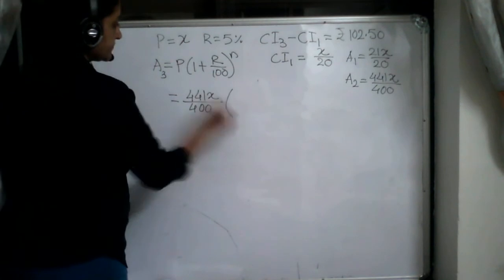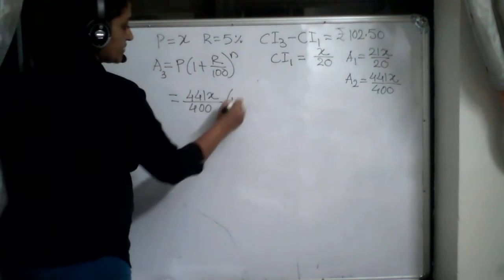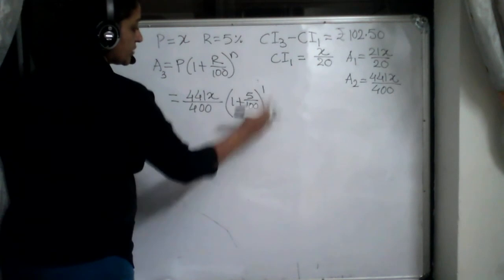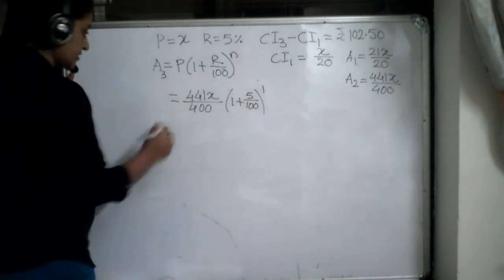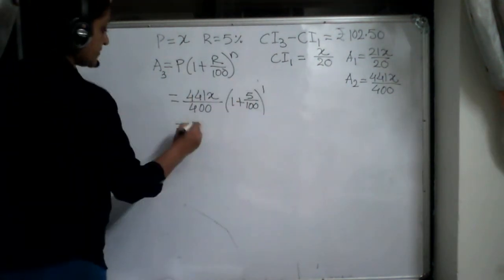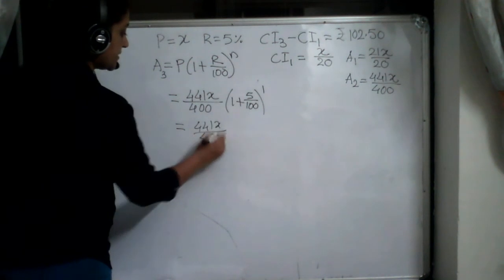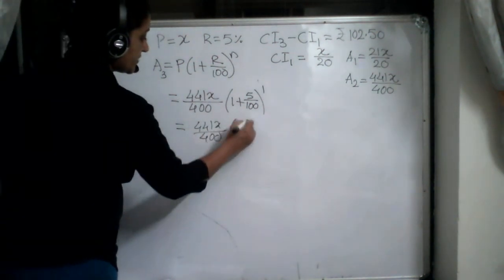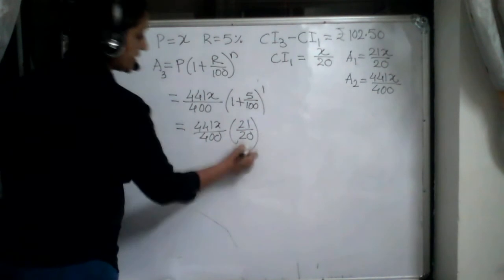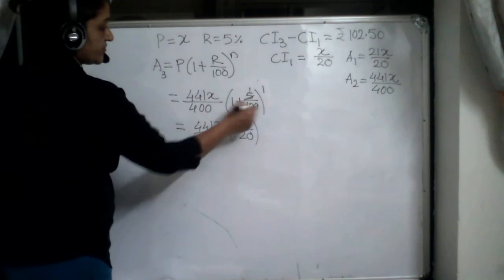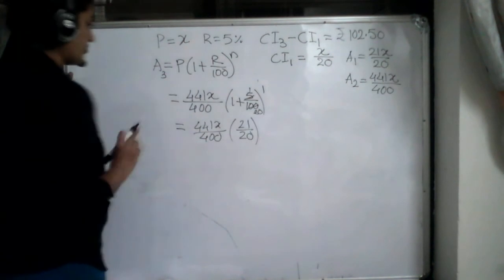So here 1 plus, same thing, 5 by 100 to the power 1 only. Why? Because it is only for the third year that I am finding. So 441x upon 400 into 21 upon 20. I'm solving this for the third time, so you must have observed 5 ones are 5, 20s are, hence it becomes 21 upon 20.